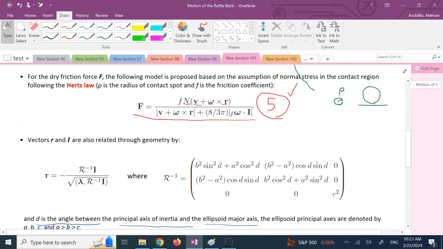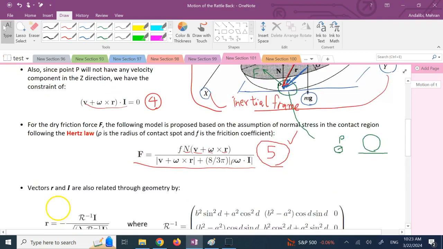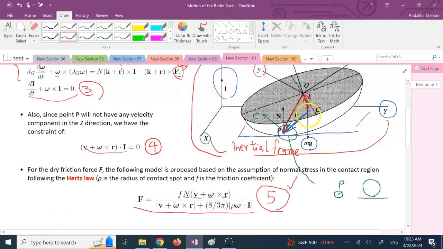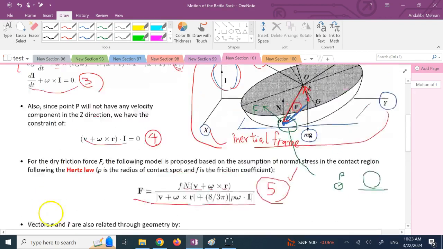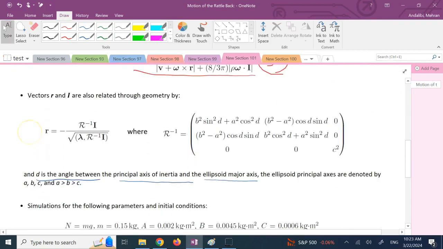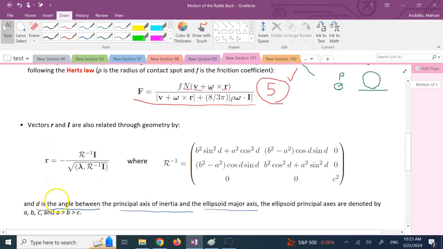That comes from the geometry here. And through geometry of this ellipsoid, I can relate vector r to vector I directly without any other parameter in between. And you can show mathematically that r and I as well as lambda are related by what?